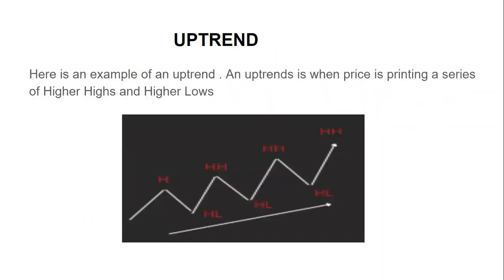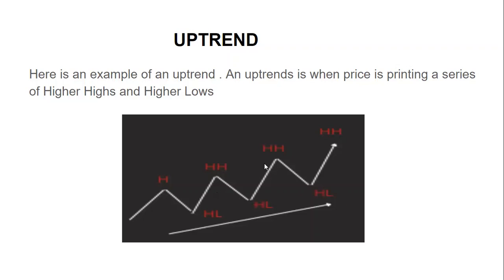All right. So now we have the uptrend. This is the typical example of an uptrend. An uptrend is when price is printing a series of higher highs. You can see we have the first high here. The price went ahead to make a high which is higher than the previous one. So we have the higher high. Then it creates another higher low, which means the low here is not down to the low that is here.